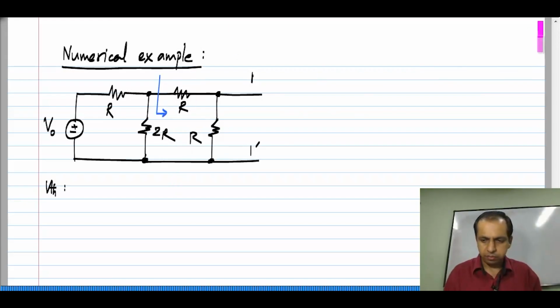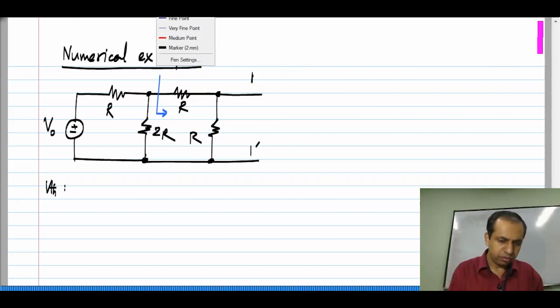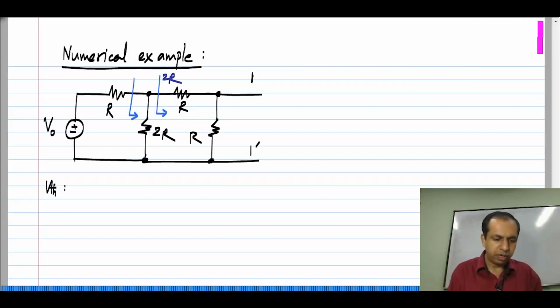Looking here, I have a series combination of R and R which gives me 2R. Looking here, I have 2R parallel to R, so I have R. Effectively, between V naught and this point I have R and R, so the voltage that appears here will be V naught by 2.